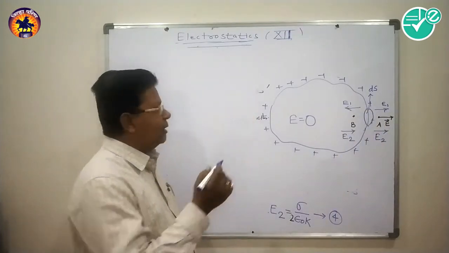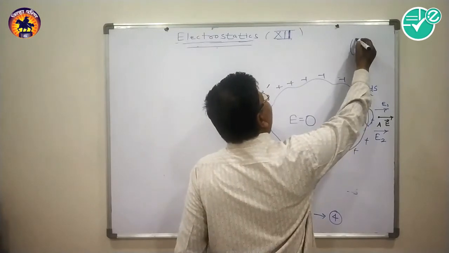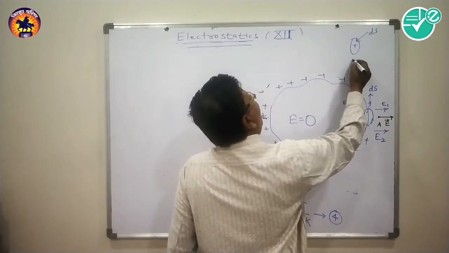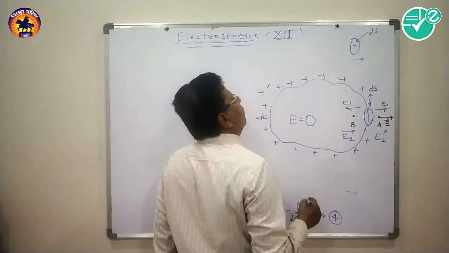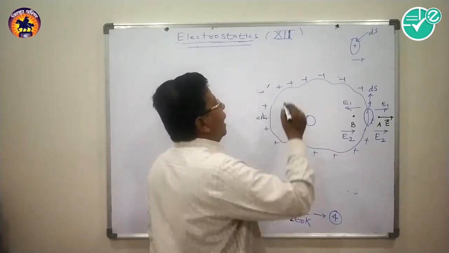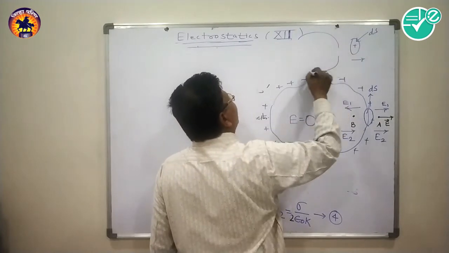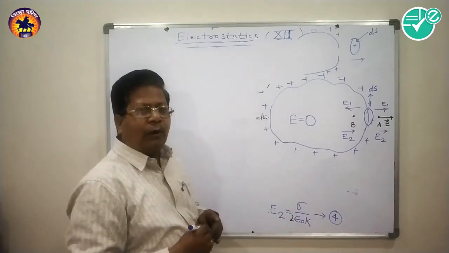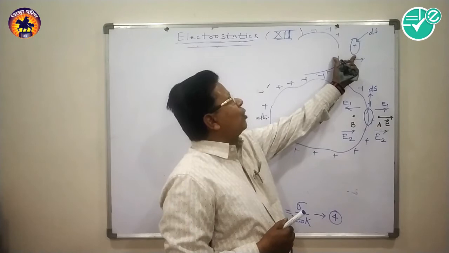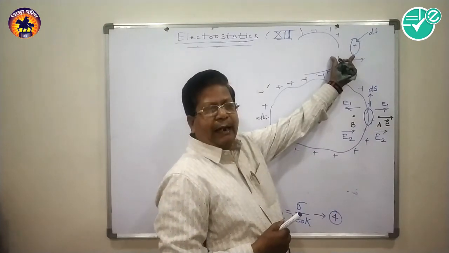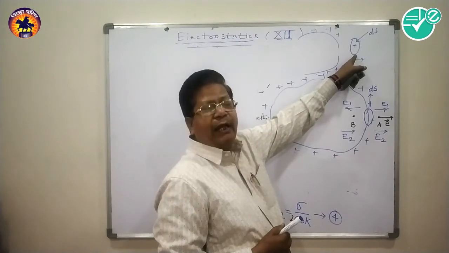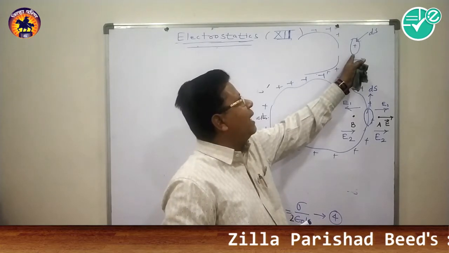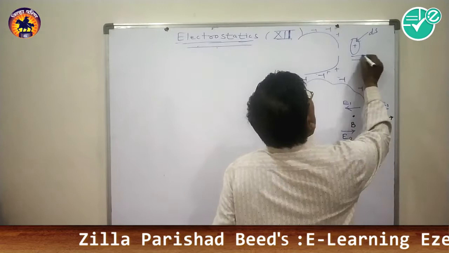To explain this, suppose that the area ds is for a short time taken from this charged conductor, and here is the remaining part of the conductor on which charges are also positive, and therefore there is a force of repulsion between these two, and due to that force this area ds is pushed outwards.